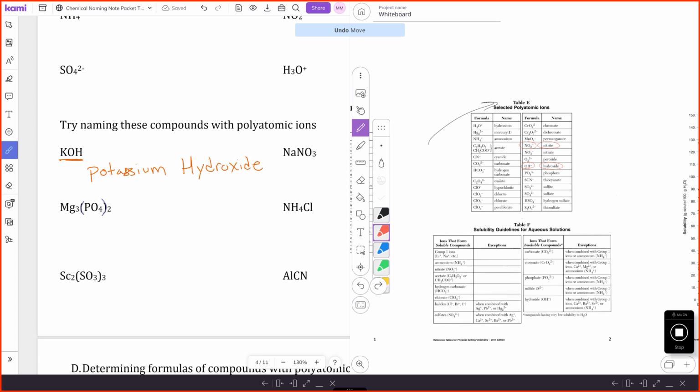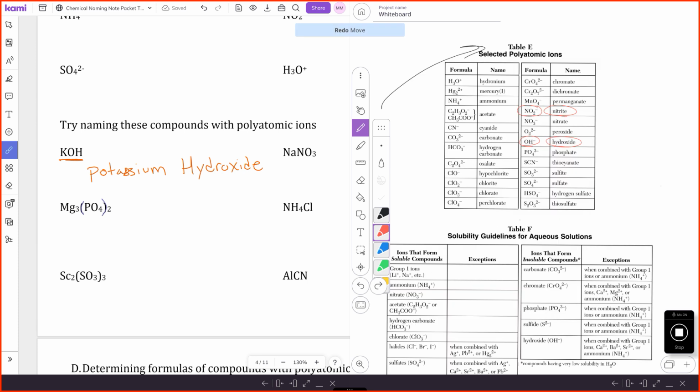So if I'm going to be naming this thing, I'm going to be including the name phosphate. Mg is called magnesium. Magnesium phosphate. And that's how you name that. You take the piece that you know, you take the piece from table E, and you just marry them together.